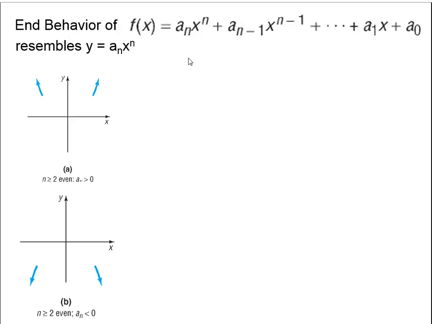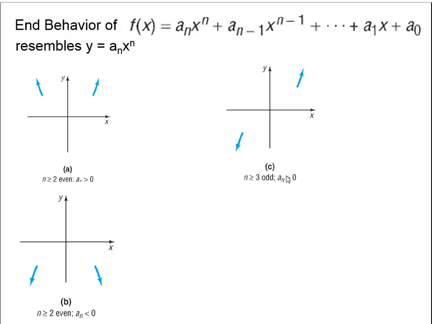So this is really our first kind of tool of analysis. We should be able to look at the equation of a polynomial, and based on the degree, we should know that it's going to look like a parabola at the ends, and whether it opens up or down based on its coefficient. Now, if the degree is an odd value, it's going to go in different directions at the end of the graph.